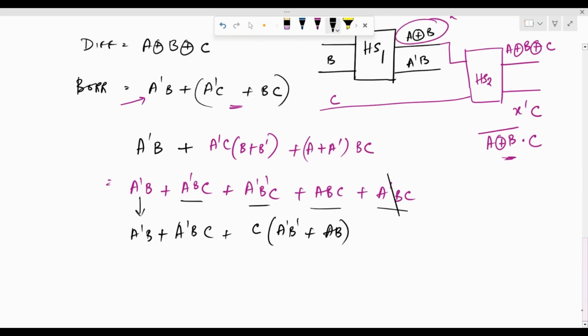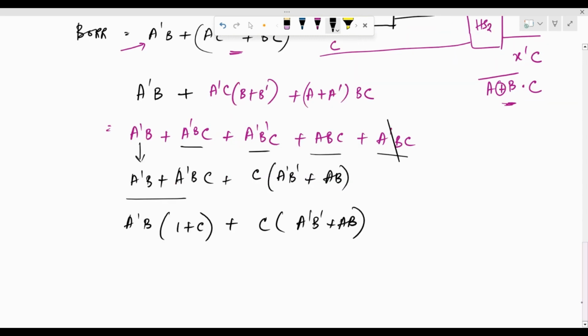Now, looking at these two terms closely, if I take A dash B common, I'll get 1 plus C. And here I'll retain whatever is coming. Next, 1 plus C is going to be just 1.